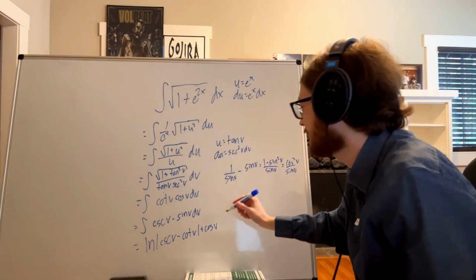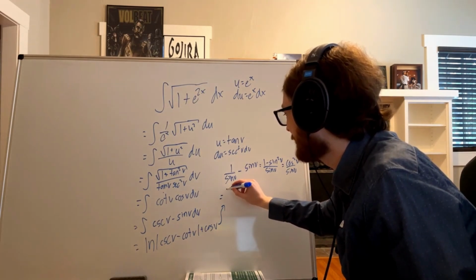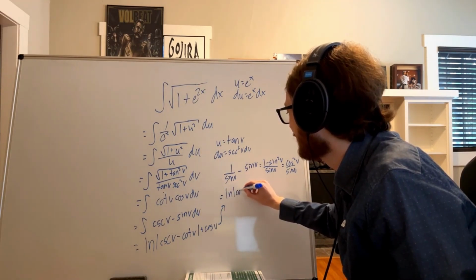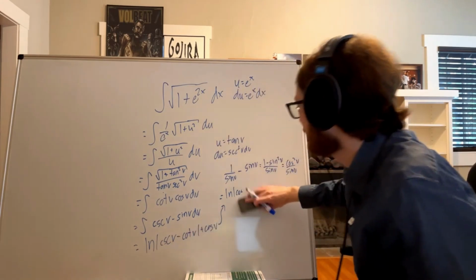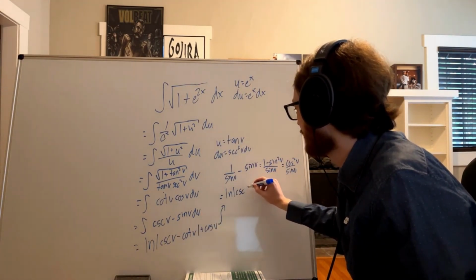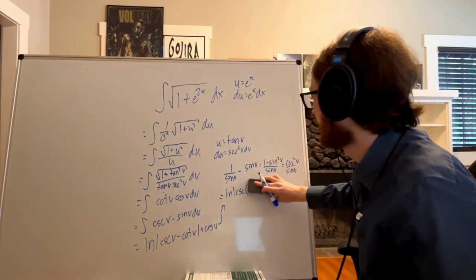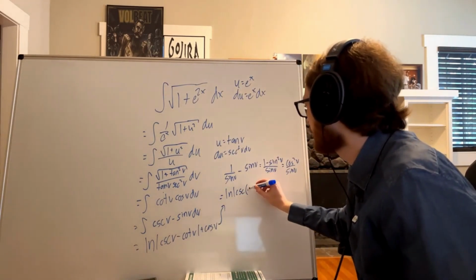What an annoying thing. I almost would prefer doing the hyperbolic way that I wouldn't even know how to do. But cosecant of inverse tangent, I guess you have to make a triangle for that. I should write arctan instead of minus 1.